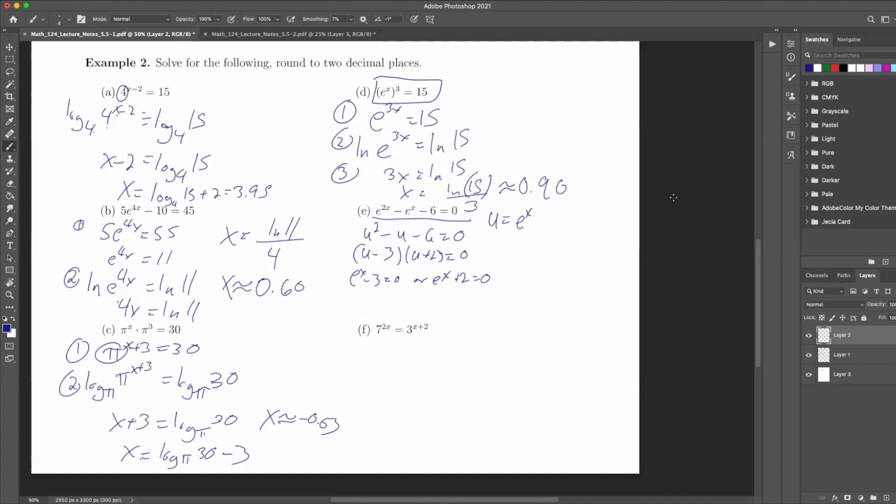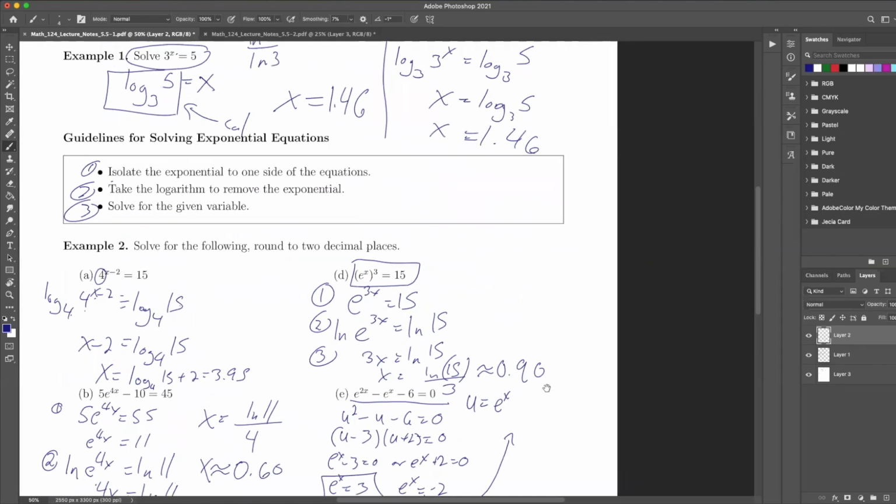And then you just solve for it, right? So here we have e to the x equals 3, and we have e to the x equal to minus 2. Notice that this cannot occur. E to the x can never be negative, right? So this cannot occur, so you only have to solve this one. And then solving this one gives you the following answer.